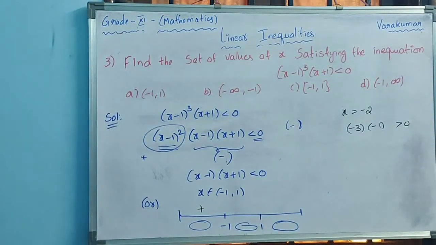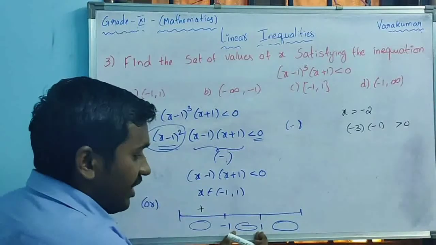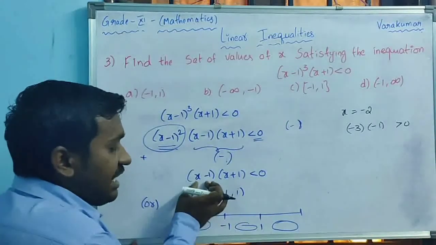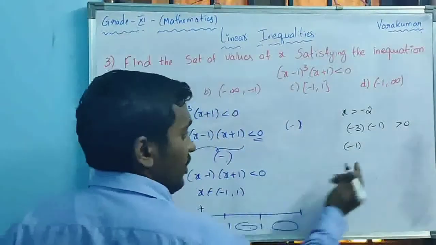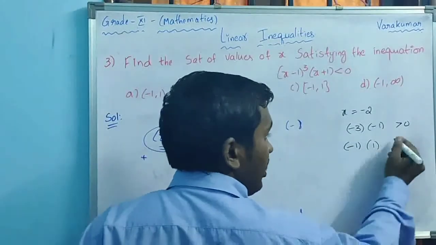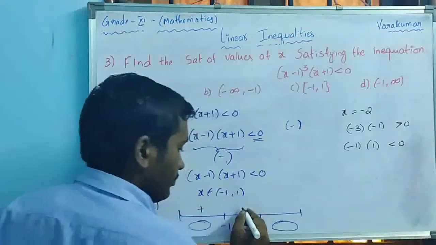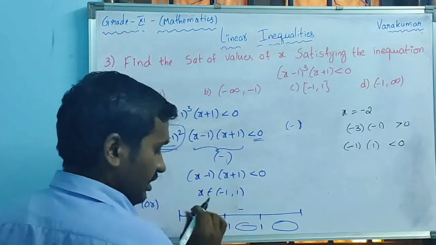Then in the next interval, take 0: 0 minus 1 is negative and 0 plus 1 is positive, so the product will be negative.